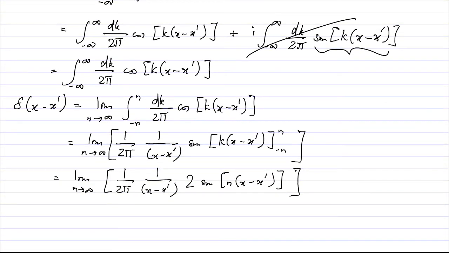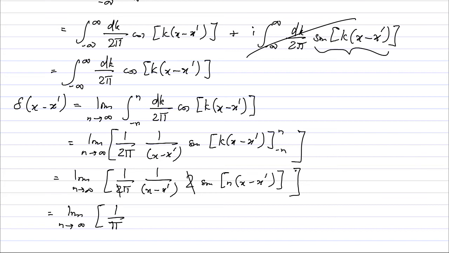Fine, and what I can do then is multiply and divide by n. So I have over here 1 over 2 pi, and the 2 cancels with this 2, so let me just write 1 over pi. I can then multiply and divide by n so that I get a more symmetrical appearance.